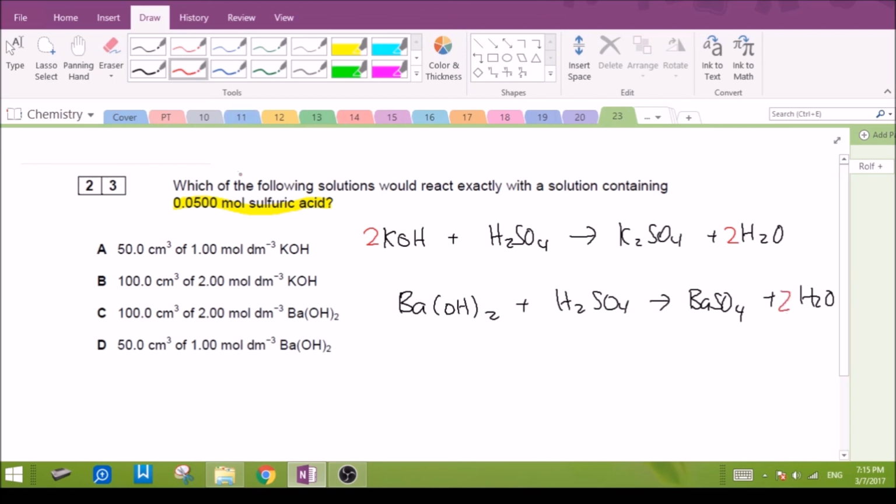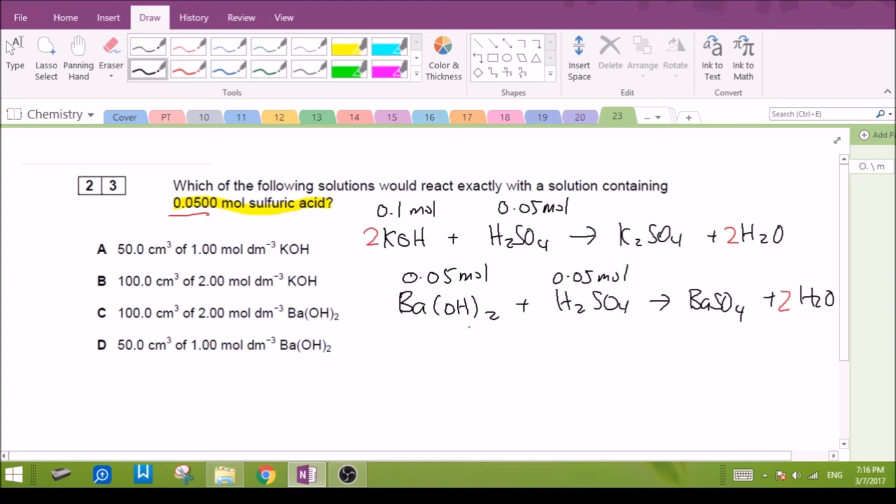So, looking back at the question, if we had 0.05 moles of sulfuric acid, if potassium hydroxide was used, we will actually need 0.05 multiplied by 2 moles of potassium hydroxide. So 0.1 moles of potassium hydroxide is required. For barium hydroxide, to react with 0.05 moles of sulfuric acid, we will need the same moles. Ratio 1:1, 0.5 moles of barium hydroxide.